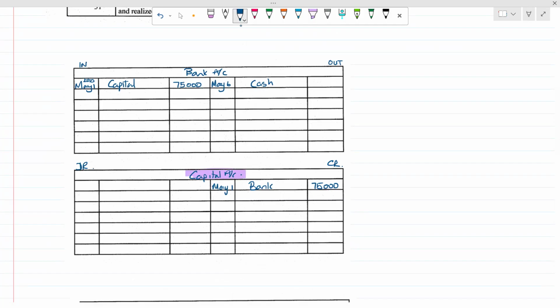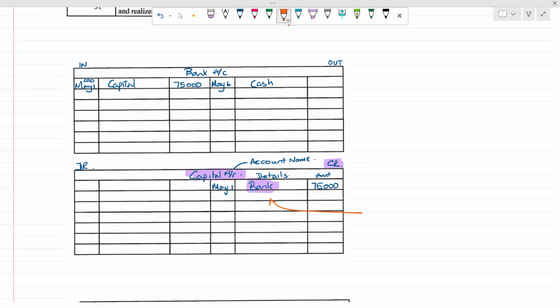Then that's in bank being credited. I'm so confused now. What's the name of this account? Capital account. On which side are we writing on the capital account? Credit side. Right. And what is this telling me?